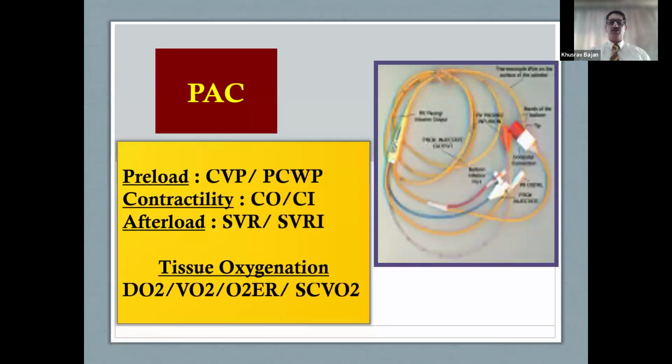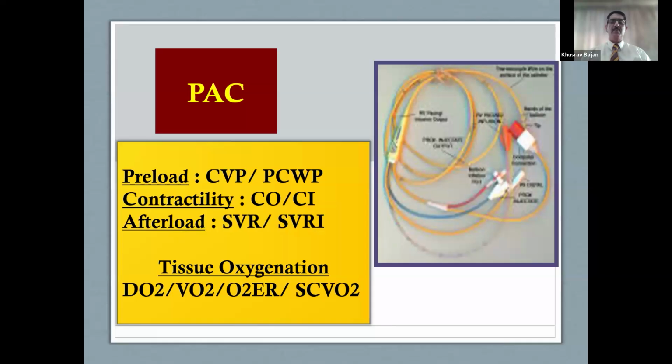Coming to the PA catheter, I'm going to give you all the monitoring tools that I know of that exist in the world, and later we will come to some algorithms. A PA catheter is a balloon-tipped flotation catheter, which is 4 lumen, and it sits in the pulmonary artery.